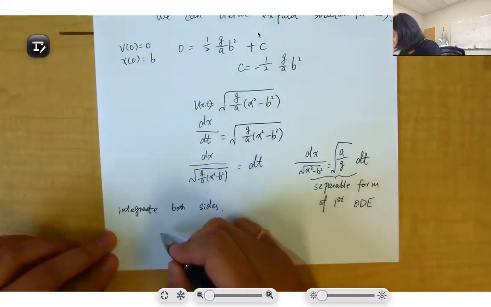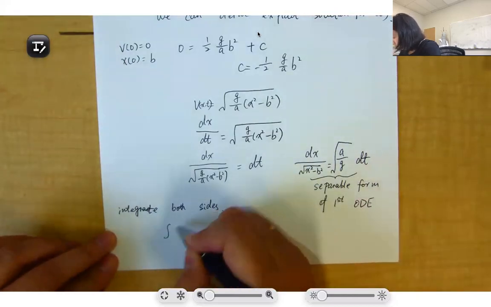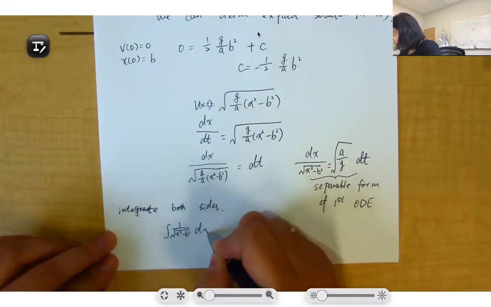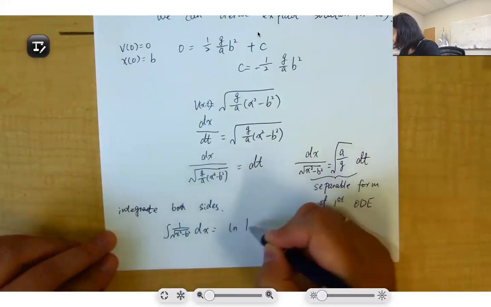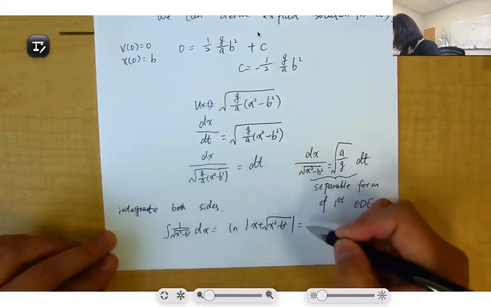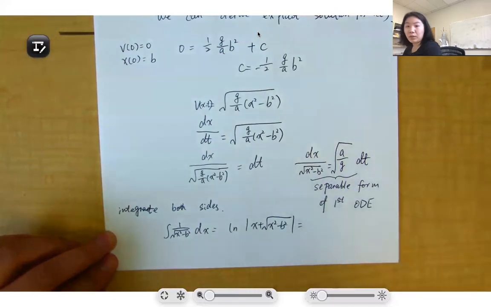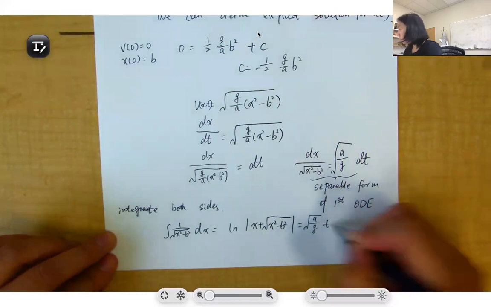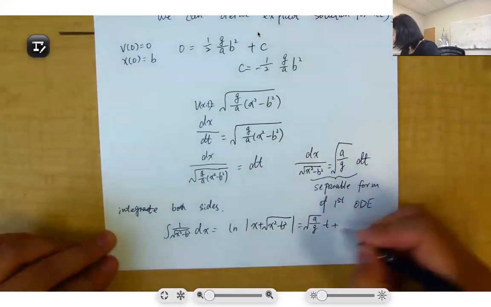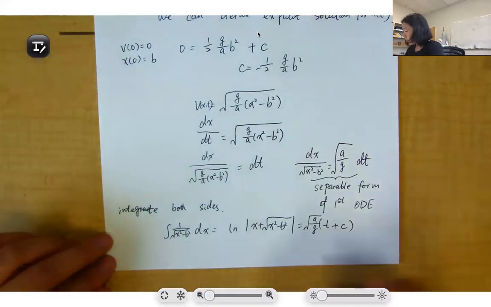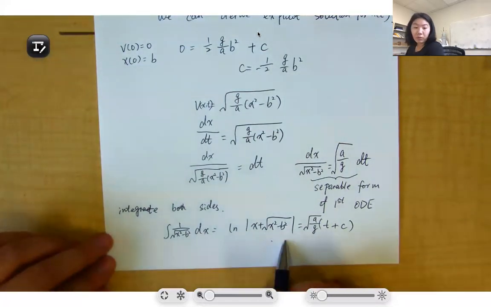The integration of 1 over the square root of x squared minus b squared dx equals ln of x plus the square root of x squared minus b squared, which equals the right side integrated, the square root of a over g times t plus some constant, right? You can check this from the integration tables.